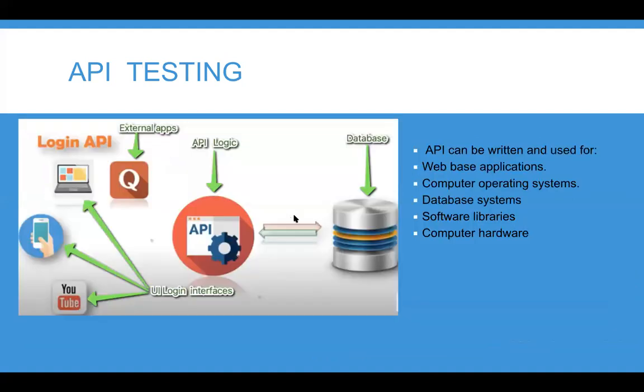Just like I explained earlier, let's say this is British Airways. This layer at the bottom is their database layer, which has all the pricing information for air travel.